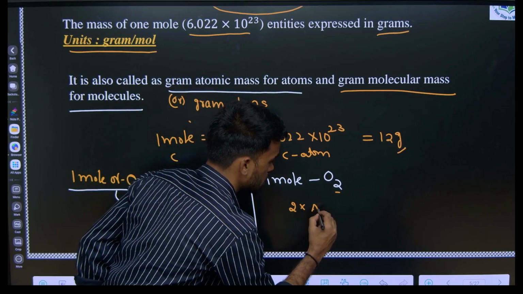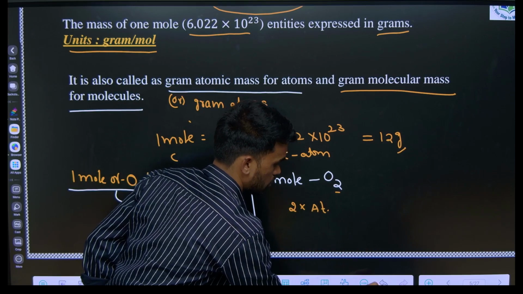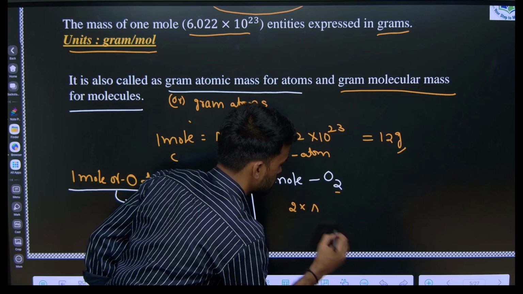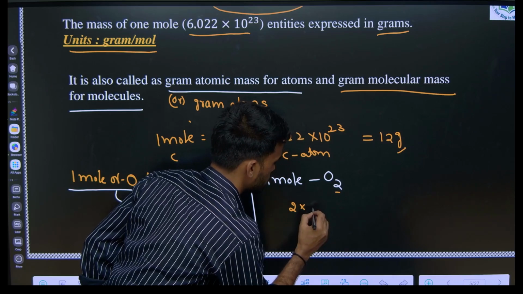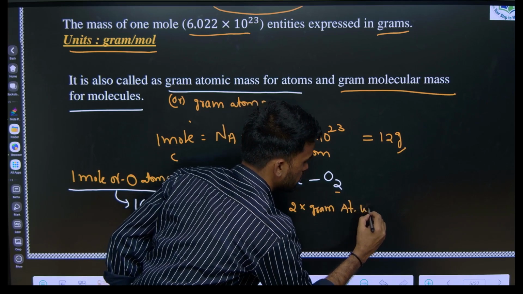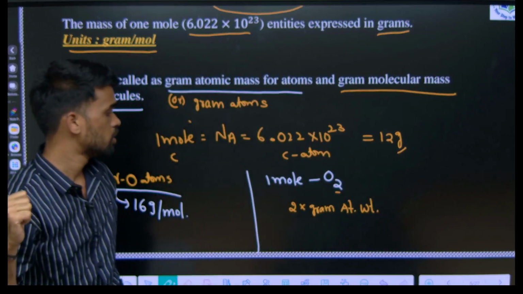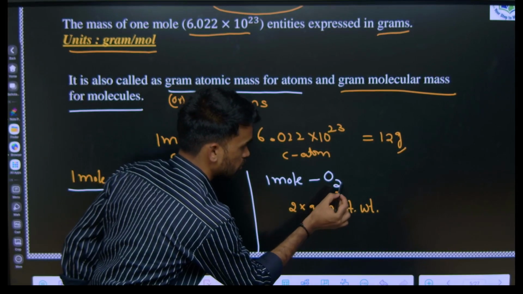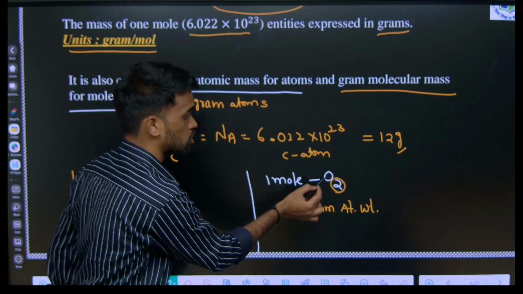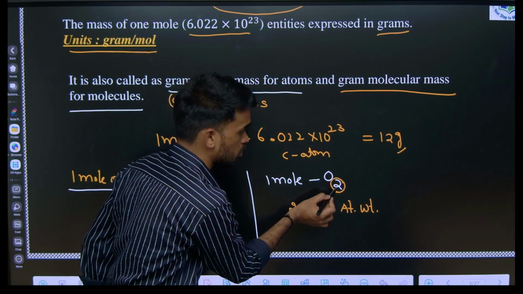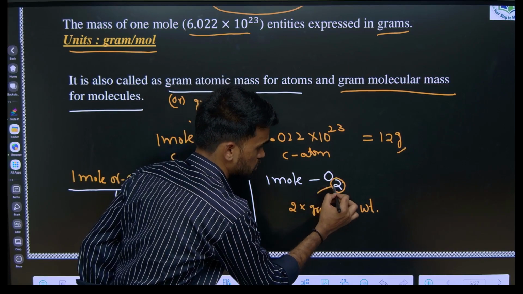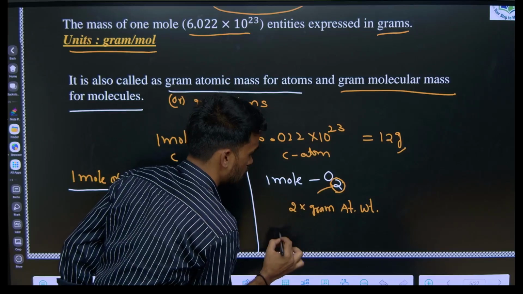So we should multiply this 2 into its gram atomic weight. The number we are looking at here, indicated by the subscript, is called atomicity.